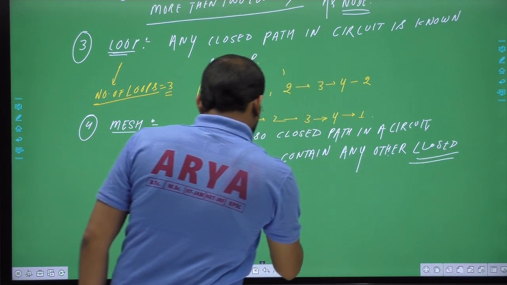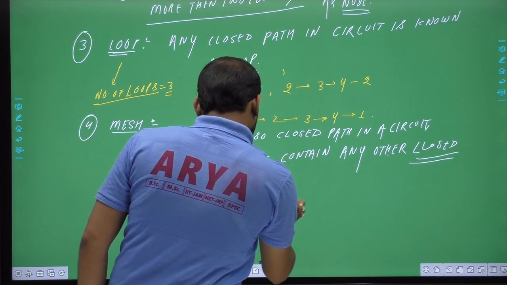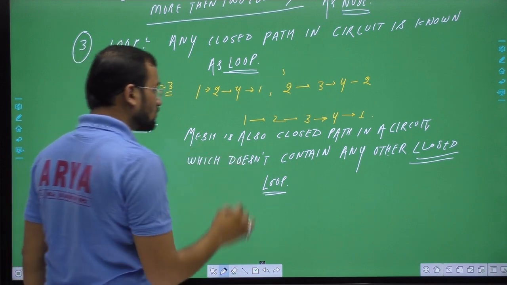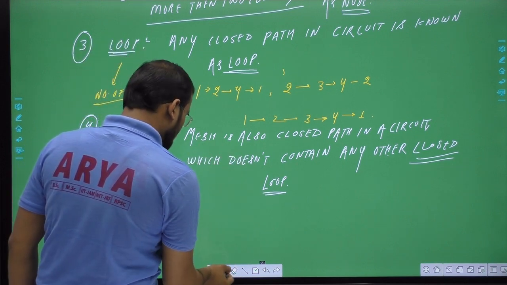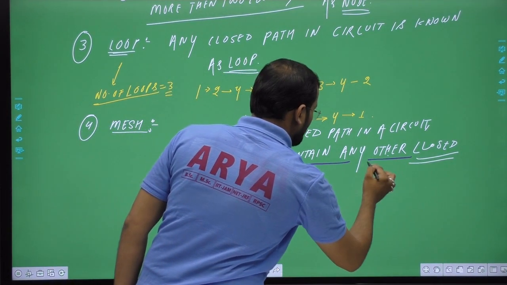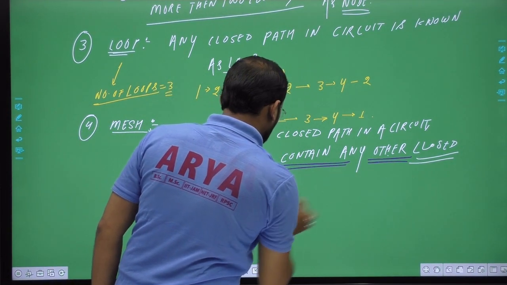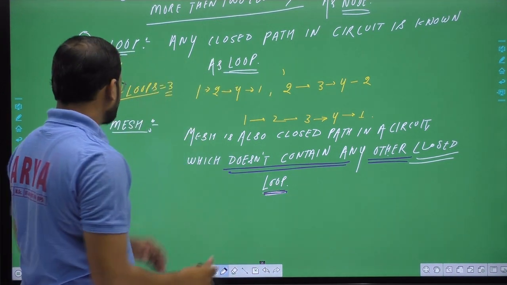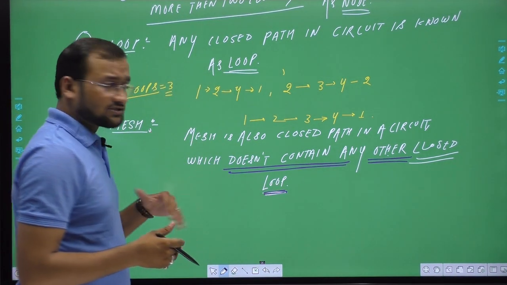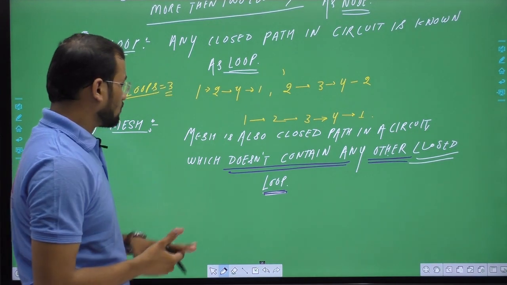Okay, so the last line is important from the point of view of mesh. The mesh is also a closed path which does not contain any other closed loop. So mesh and loop are the same, but a mesh doesn't contain any other closed loop.